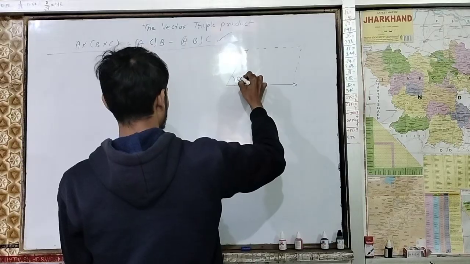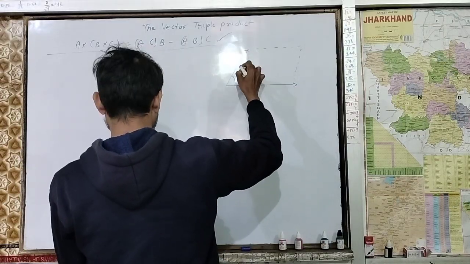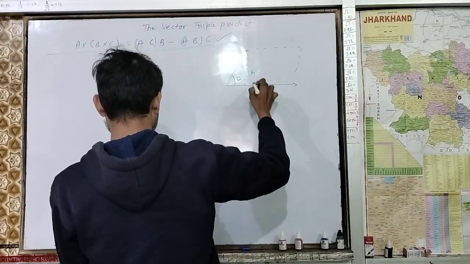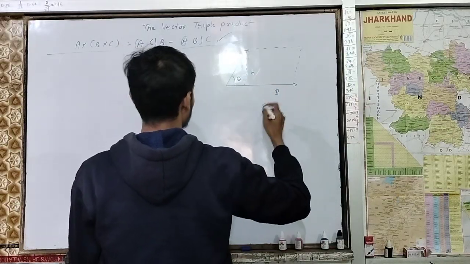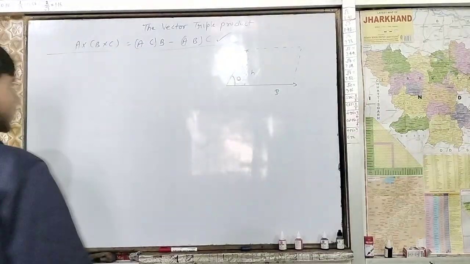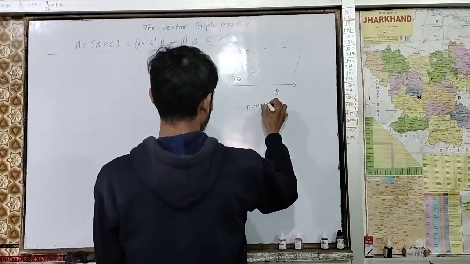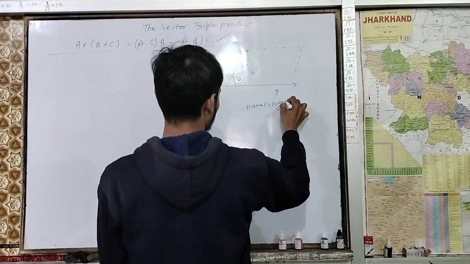This is theta and this is the height. This is the A vector and this is the B vector. We know that this is a parallelogram.